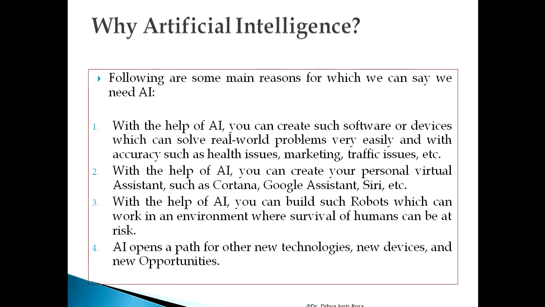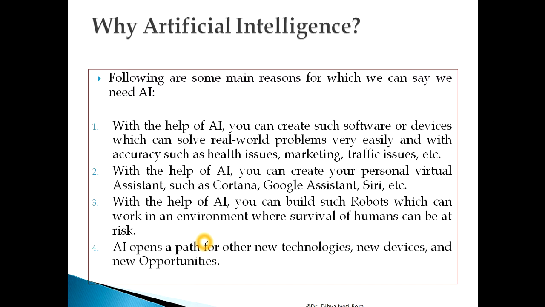Then, with the help of AI, you can build robots which can work in an environment where the survival of humans can be at risk. For some risky applications, like bomb diffusion, if humans try to do that, obviously, for some unfortunate reasons, that person may be harmed or even killed.